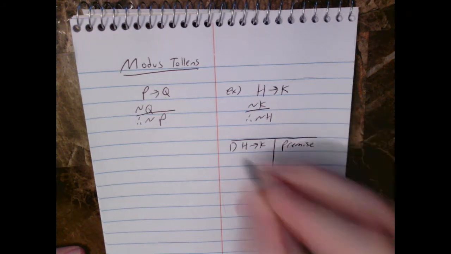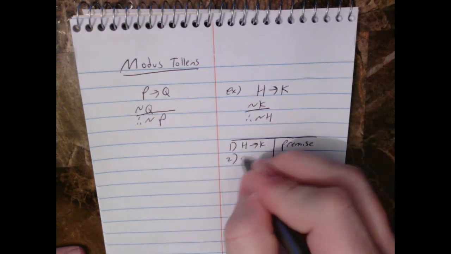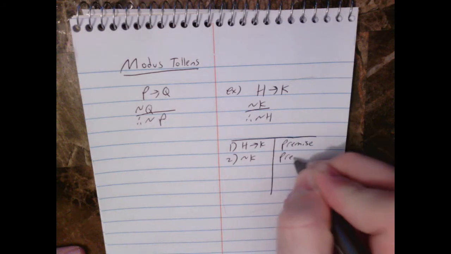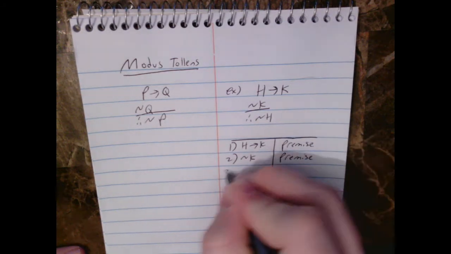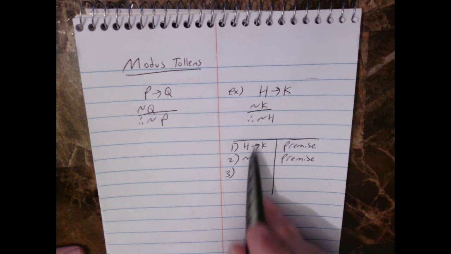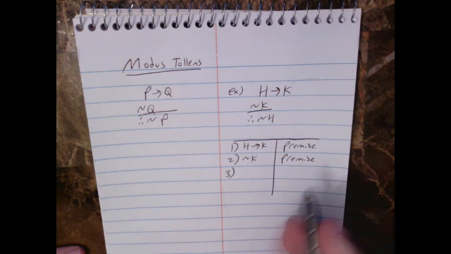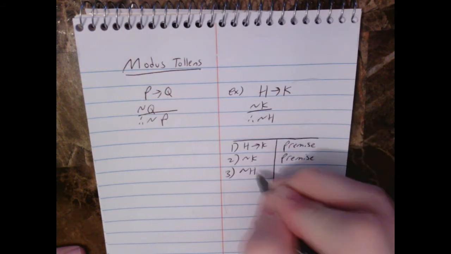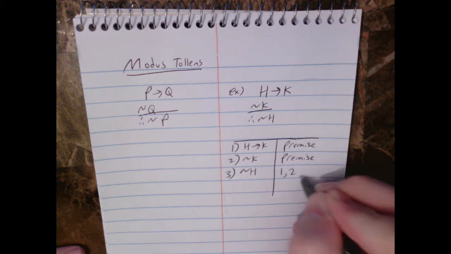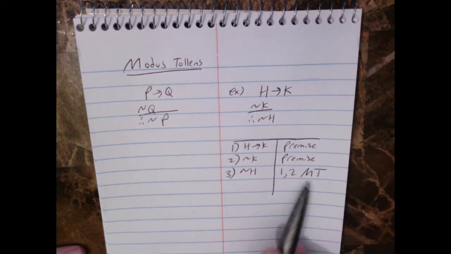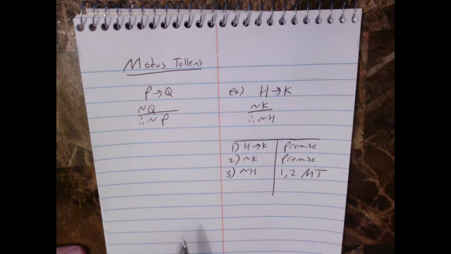So this is very similar to when we did modus ponens. Negation of K would also be a premise. And then in step 3, we can use steps 1 and 2 to conclude negation of H. And that would be from 1 and 2 modus tollens instead of modus ponens, which is abbreviated MT.